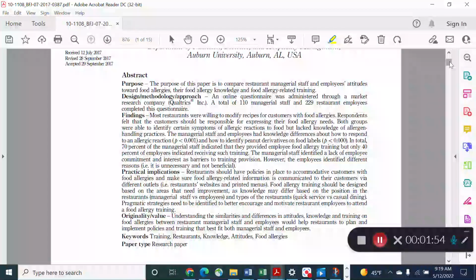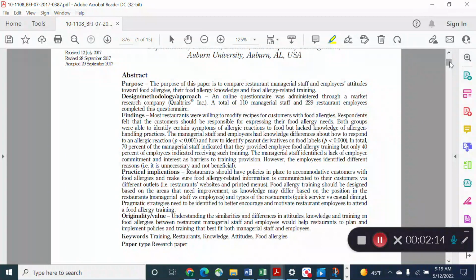Many articles, and you'll see some later on in our class, don't have things like the purpose and design, methodology approach, findings, practical implications, originality values. They don't have those separate sections within the article itself.